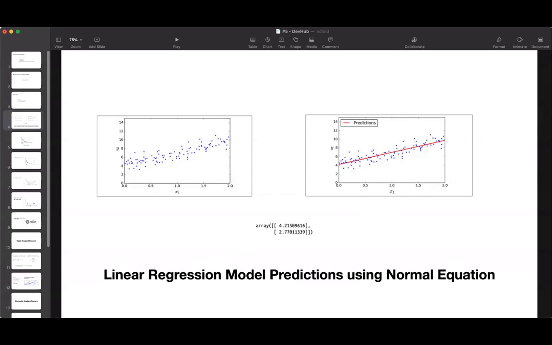It is an equation which is plotted, and the data points are in the pattern of an equation. The equation which we have taken here is 3x plus 4 plus some constant. So this is the equation following which the data points are plotted here. And in the diagram on the right side, you can see there is another line which is done after fitting this to the normal equation.